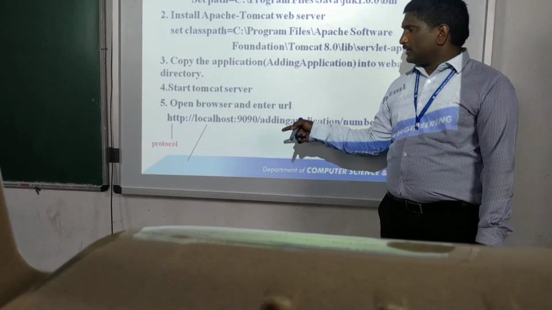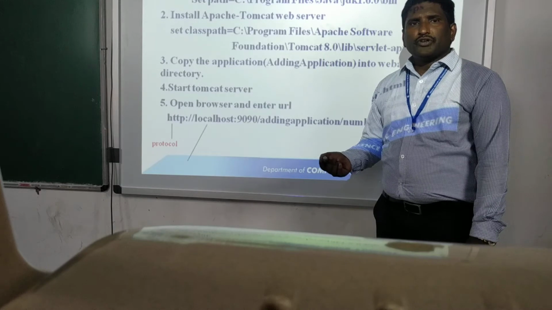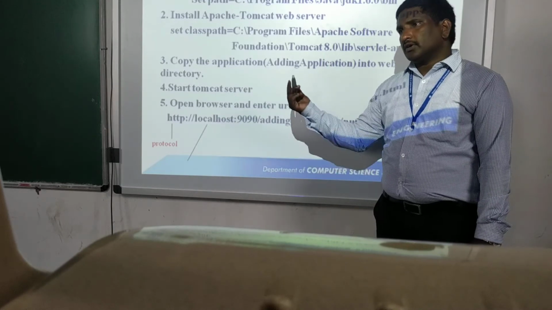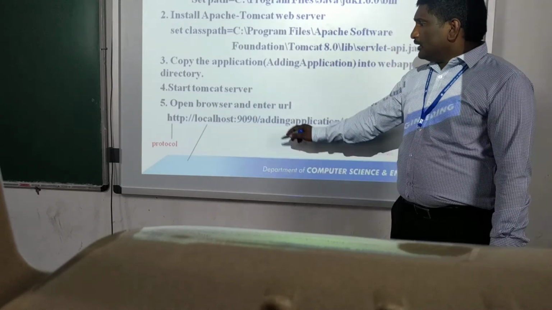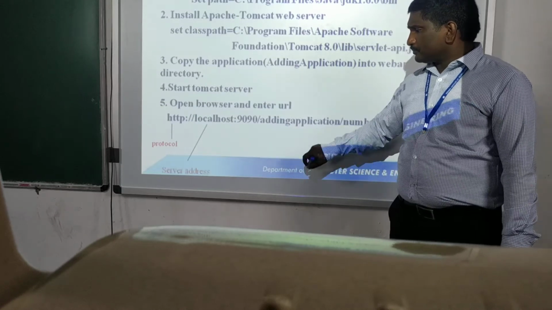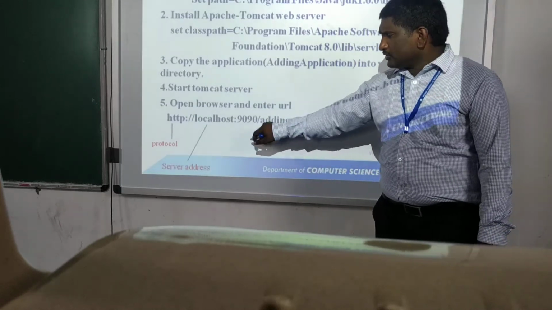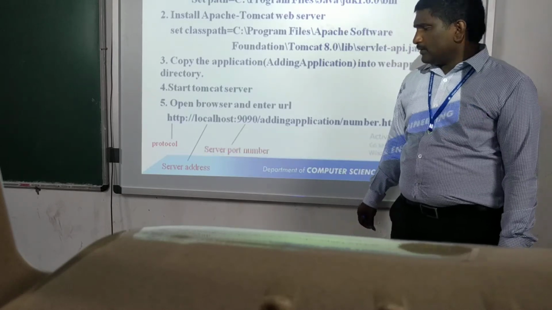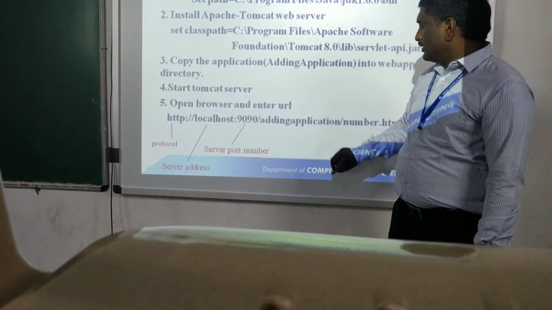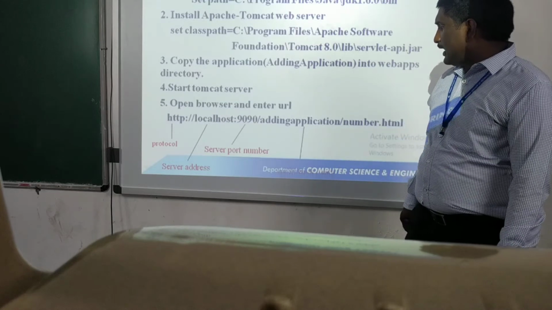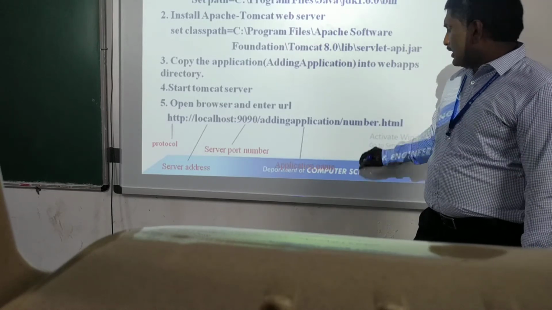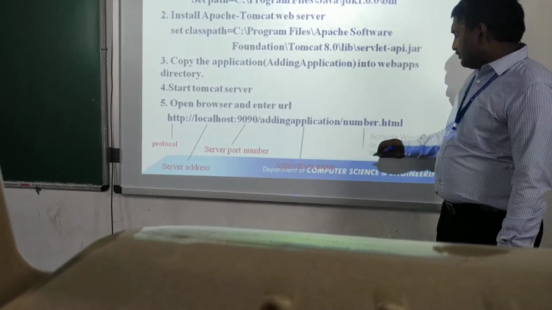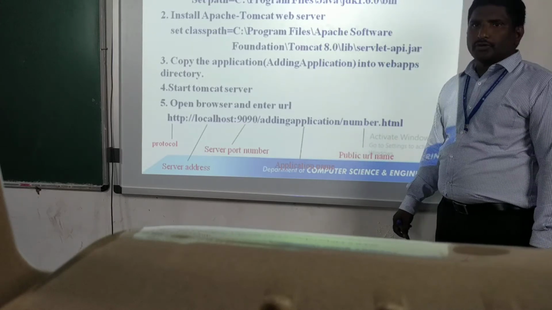That's what you should write, localhost, or else you should write 127.0.0.1 and 9090. So localhost is the server address and 9090 is the server port number, and then this is the directory name, adding application, and number.html is the public URL.